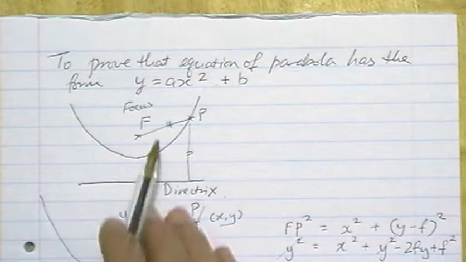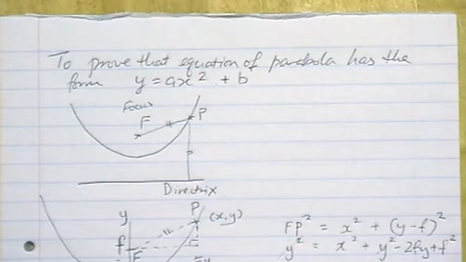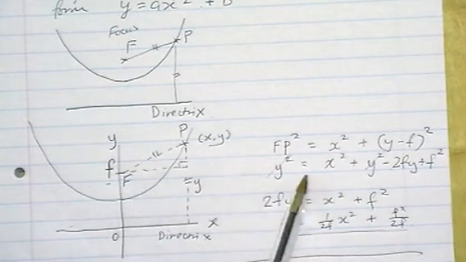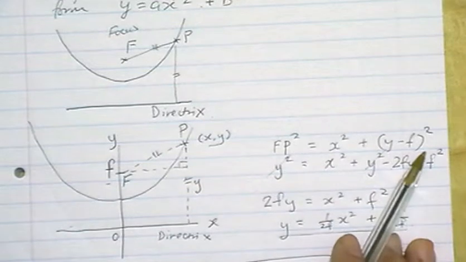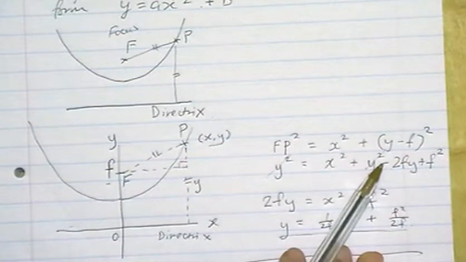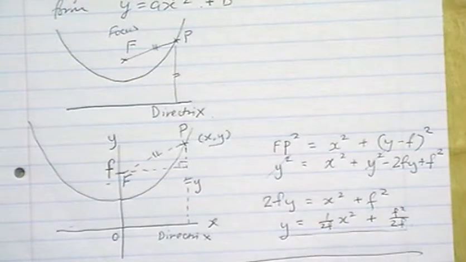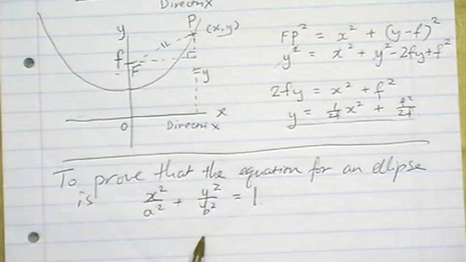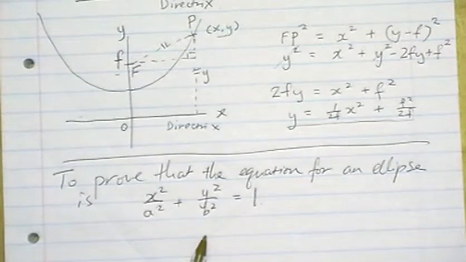Now, using this definition, we can actually go through a similar calculation using Pythagoras theorem and so on, and arrive at this form of the equation of the ellipse quite easily.